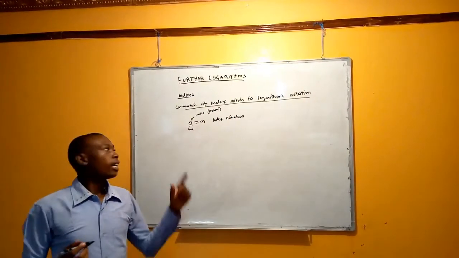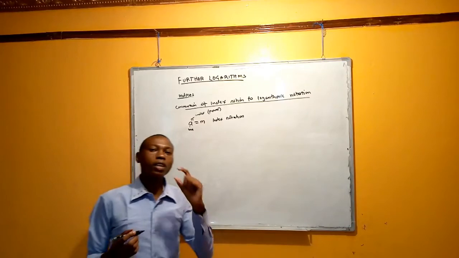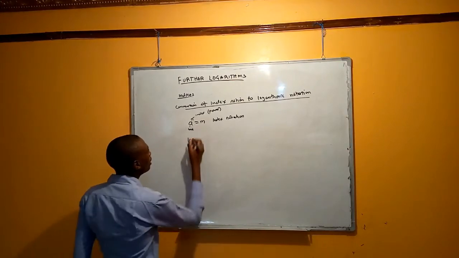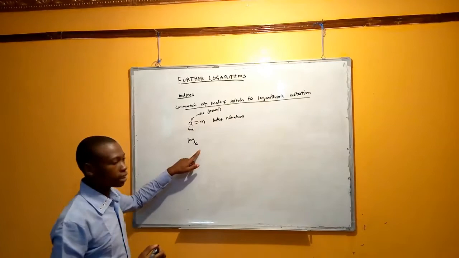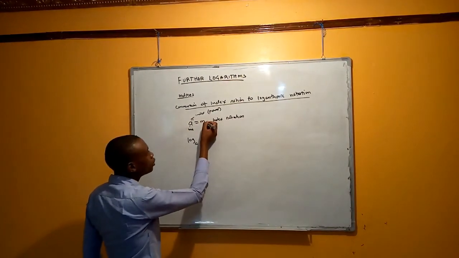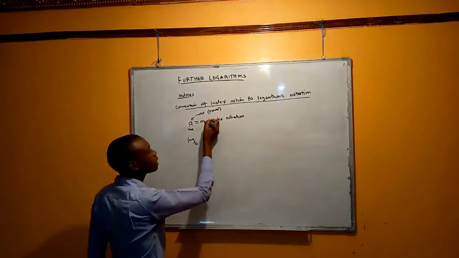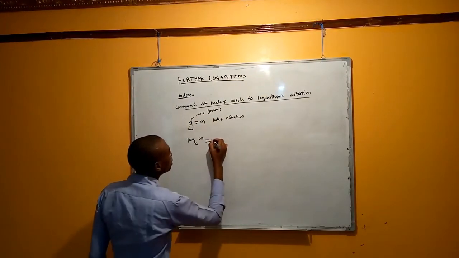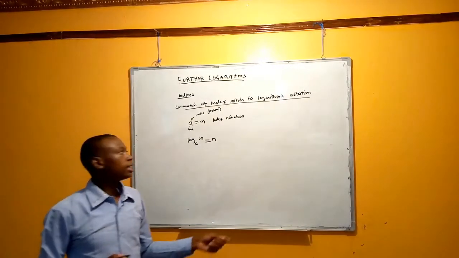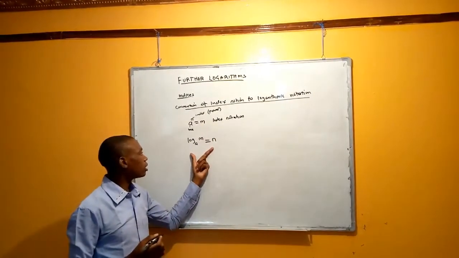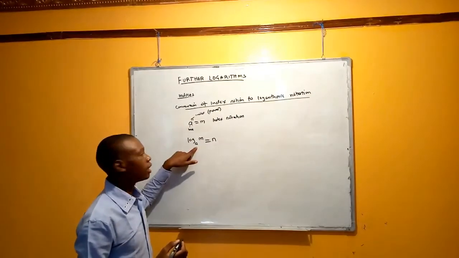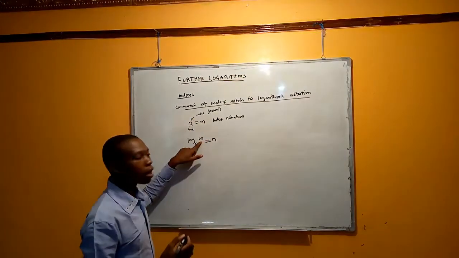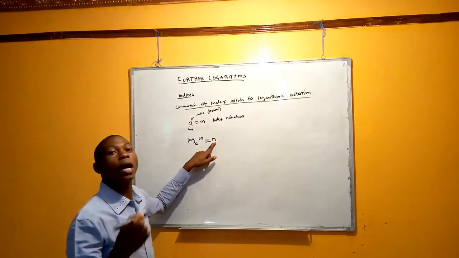To convert an index notation into a logarithmic notation, you write log, then you take the base a and write it as a subscript, then the answer to the index notation, m, becomes your log argument, and the index, or the power, becomes your answer.